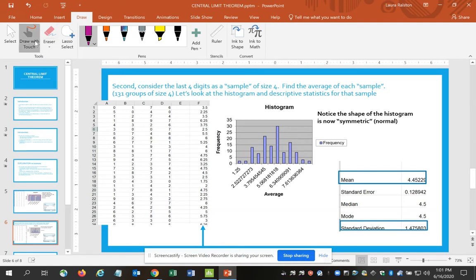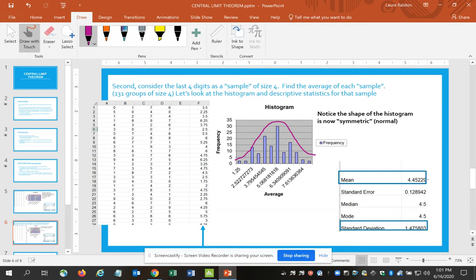It almost has that normal shape: it comes to a single peak and then it begins to taper off. So now we went from having a uniform distribution to a normal distribution when we considered those last four digits as a group.